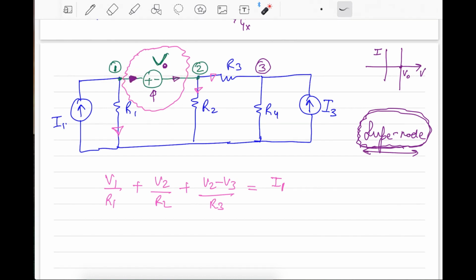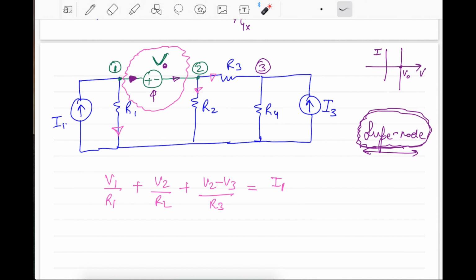You will get two equations where this current has a plus sign for one node and a negative sign for the other. If you add the two, you will get this equation.